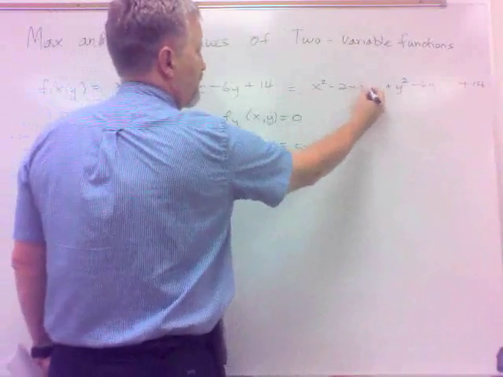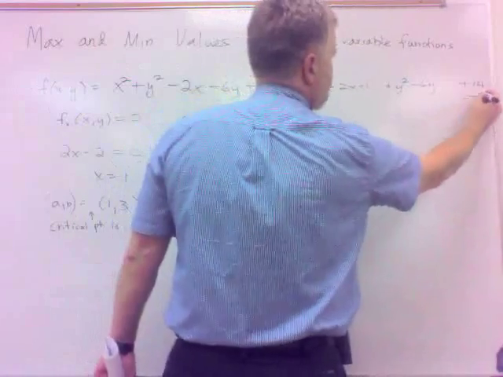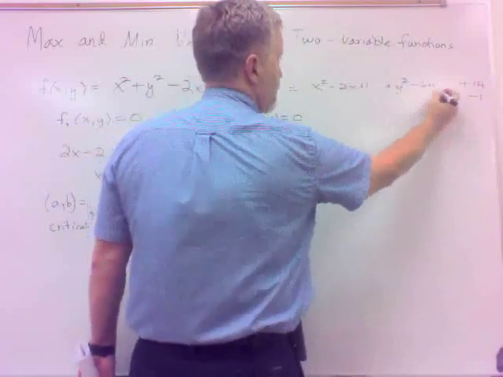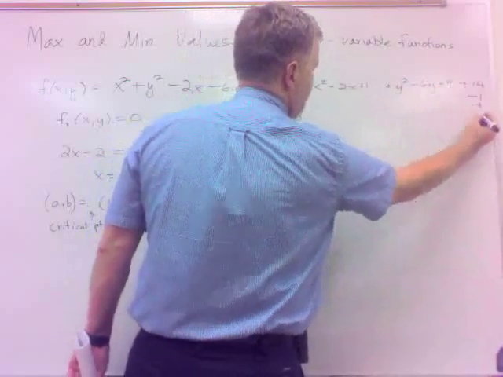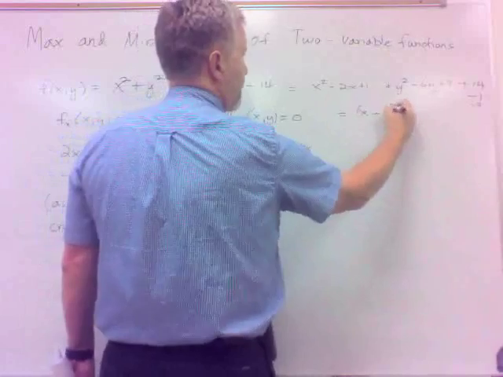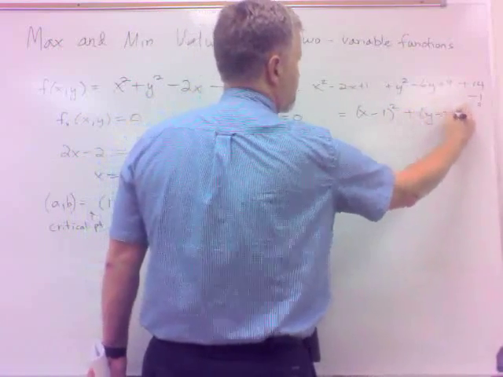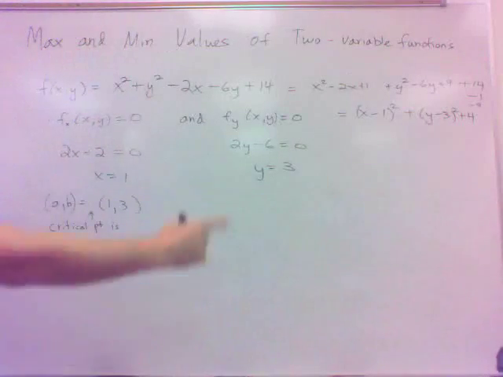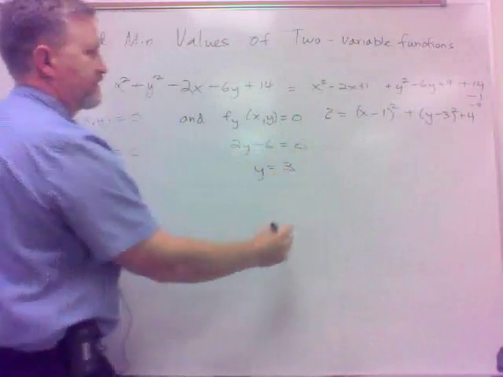So you add 1 here, and so we subtract 1 to counteract that. And then here we take half of that and square it, so that'd be 9. So we subtract 9 to counteract that. And so we wind up with (x minus 1) squared plus (y minus 3) squared plus 4 is our function here.